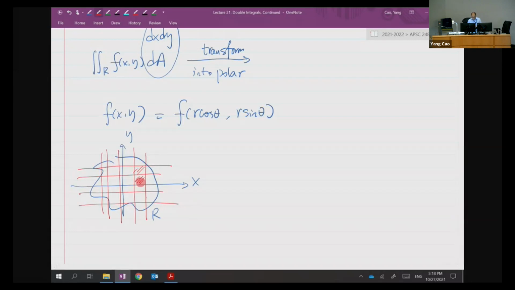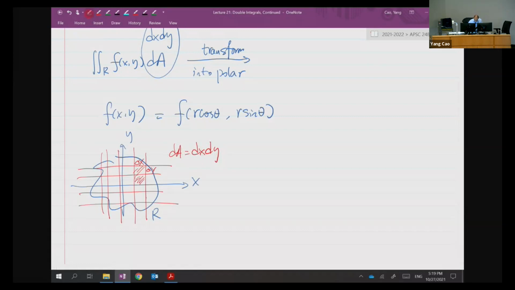Each one of the patches, depending on how you slice it, of course, has a delta y and a delta x on both sides of the rectangle or square. Then you get the small area, which is dA equal to dx dy. That's how you basically dissect this region R into small grids like this.